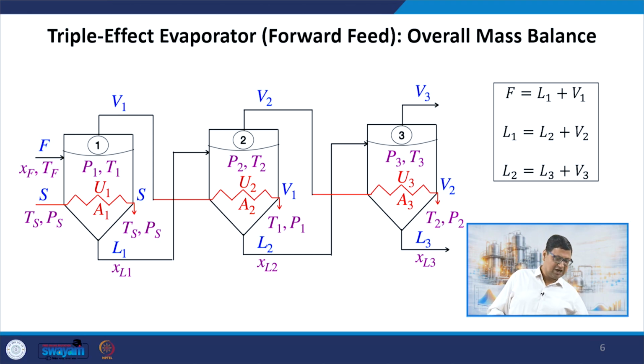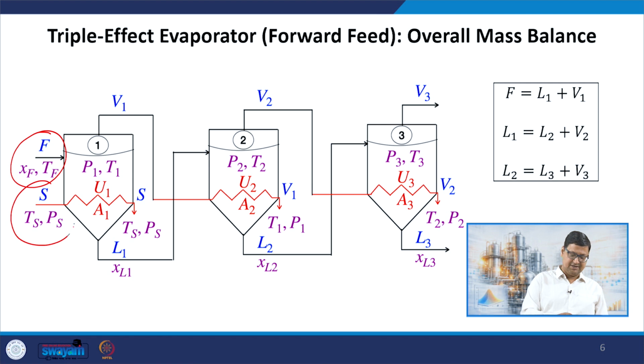Okay. So, let us now go ahead and define the variables for this problem and do an overall mass balance and then solute mass balance and then finally energy balance. So, now again just like what we had earlier, we have a feed with a solute mass fraction of xf and temperature Tf, and we again have a steam at temperature Ts and pressure Ps.